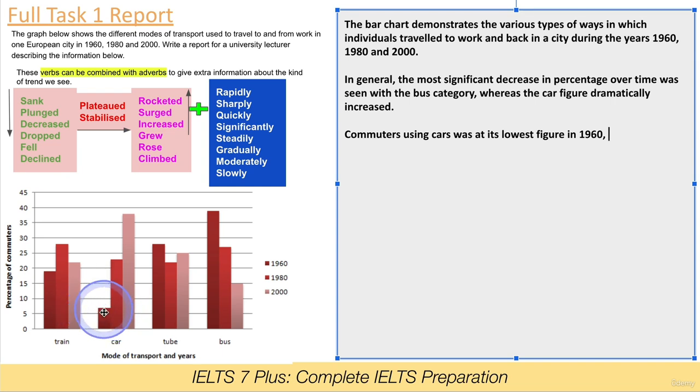So these are increments of 5, so about 5, 6, 7, totaling 7%. This sharply rose, and we're using these words here, sharply rose to 23%.